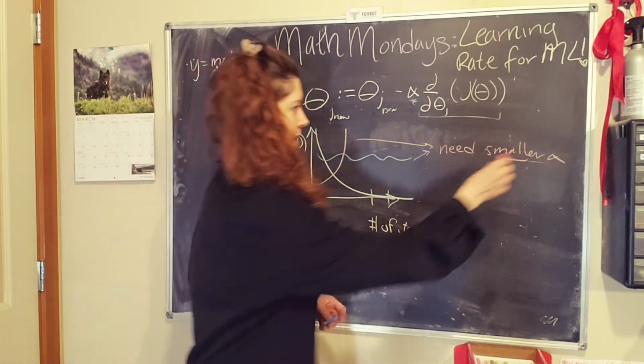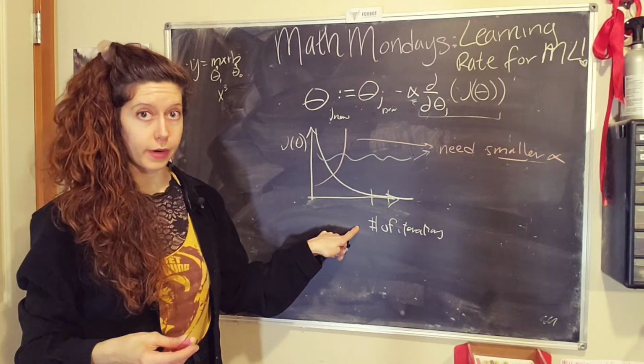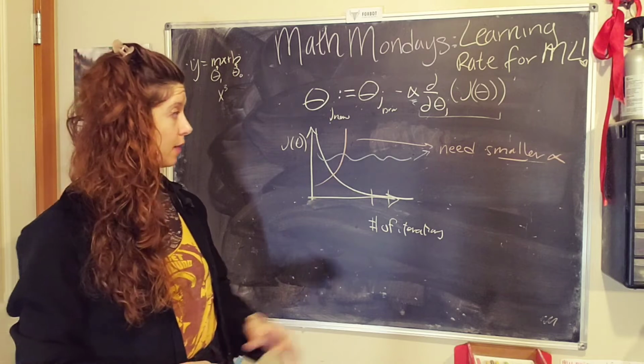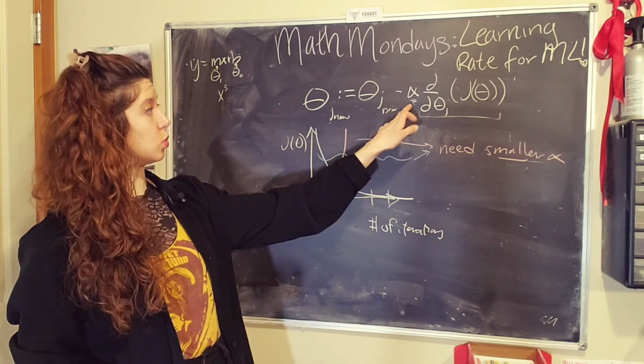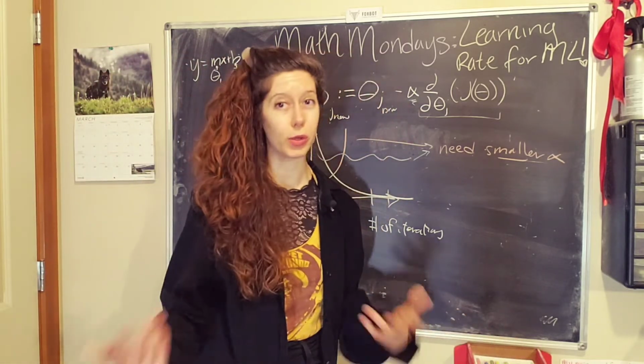So by plotting the cost function over the number of iterations and seeing how the cost function is changing over time, that will tell you what you need to change for the learning rate, or I should say how you need to change it.